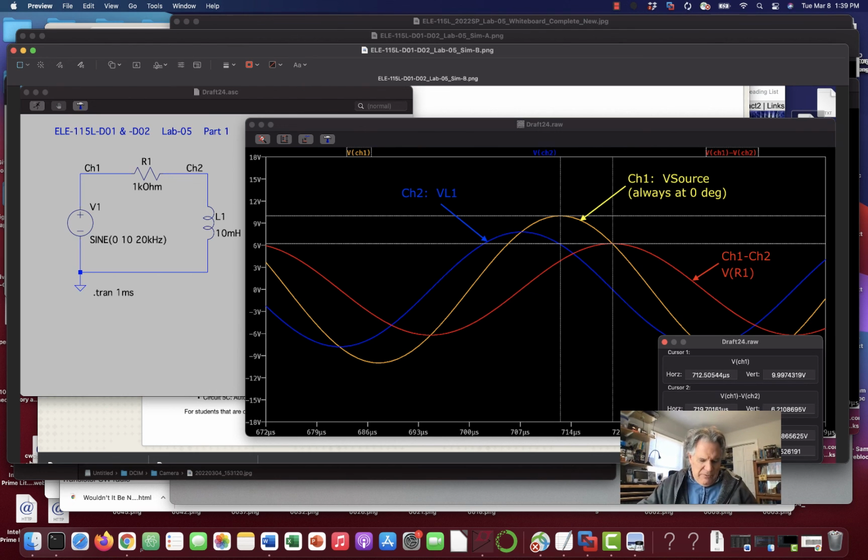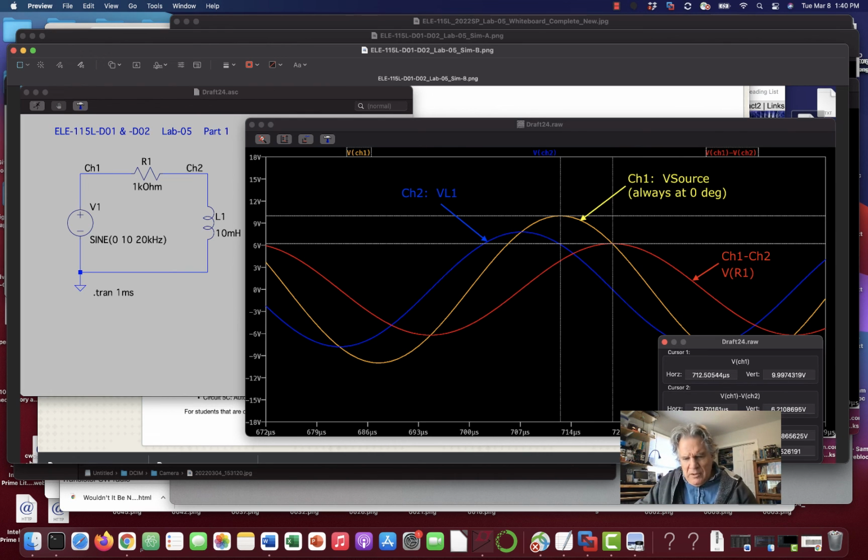And once again, I'm going to find 7.2 microseconds divided by 50 microseconds gives me about 0.144. All right, it's not far from 1/7 of 360 degrees. So now I have to multiply that fraction I just calculated of a cycle.